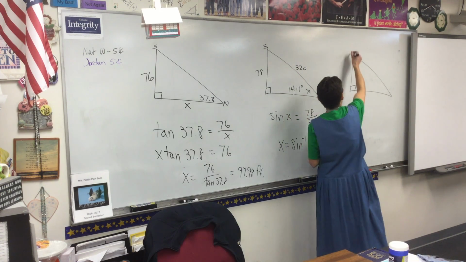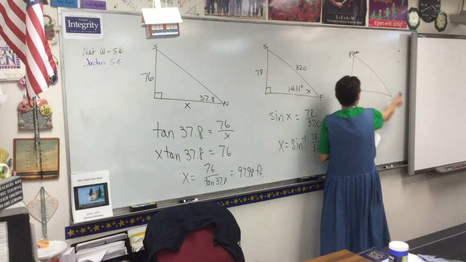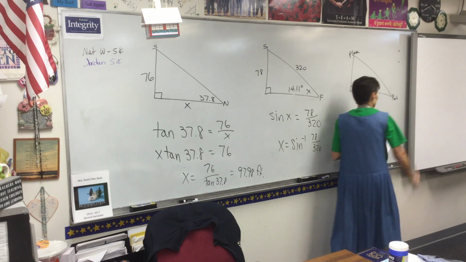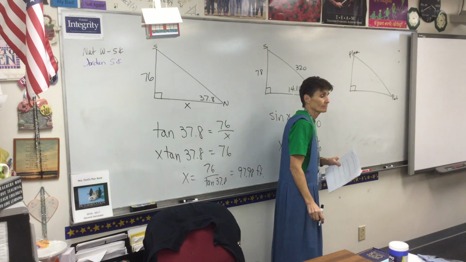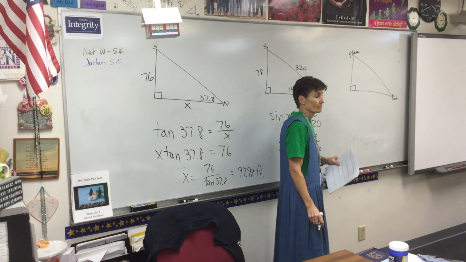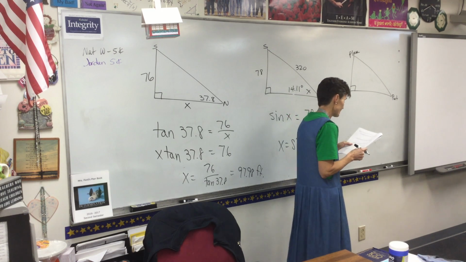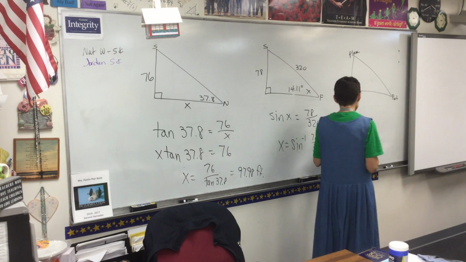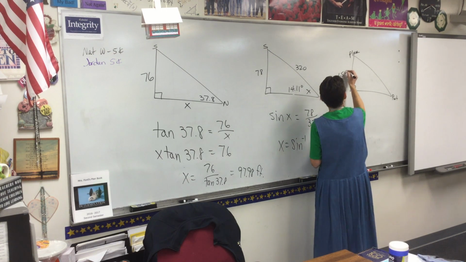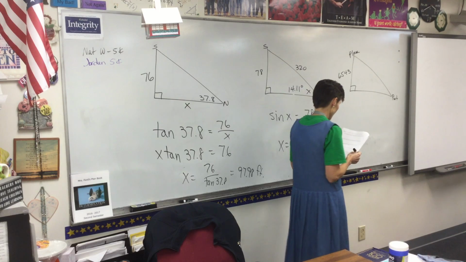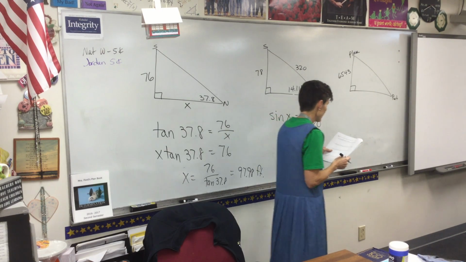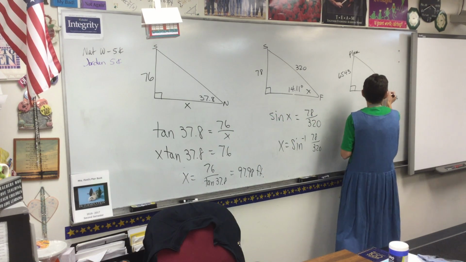Now we have an airplane and we have an airport. The airplane is 6,543 feet above the ground. The angle of depression is 23 degrees.